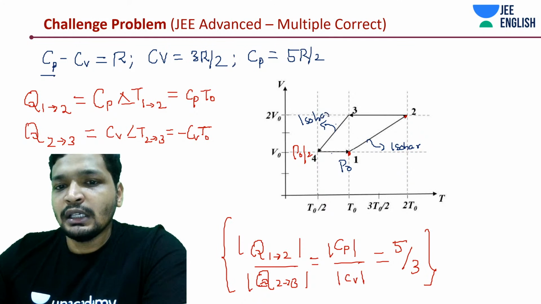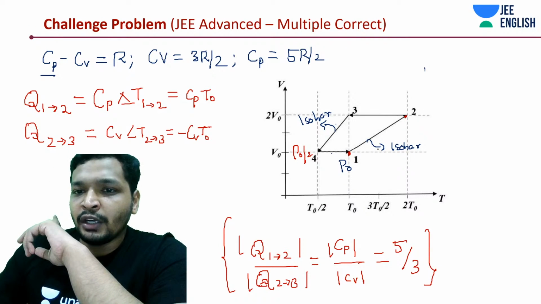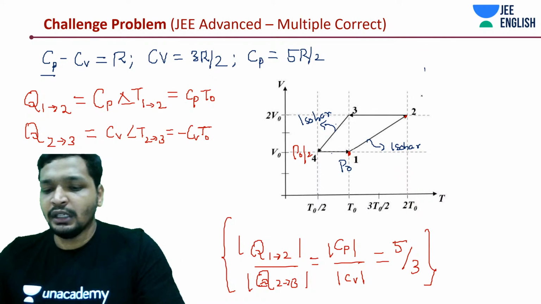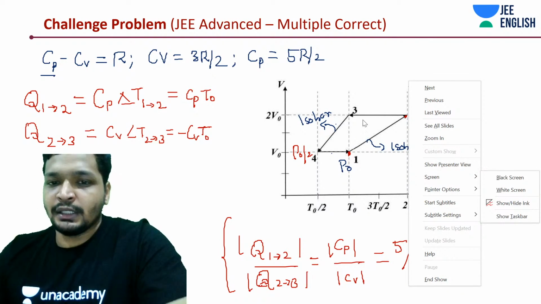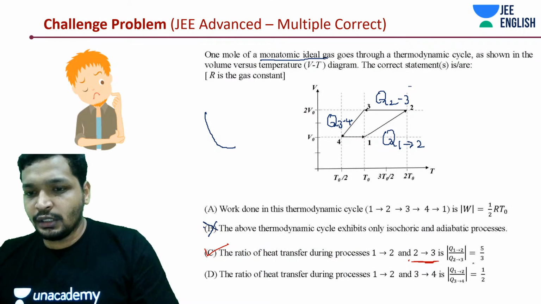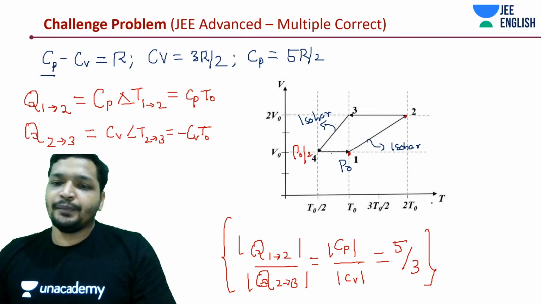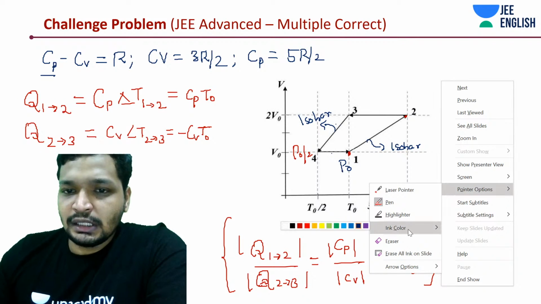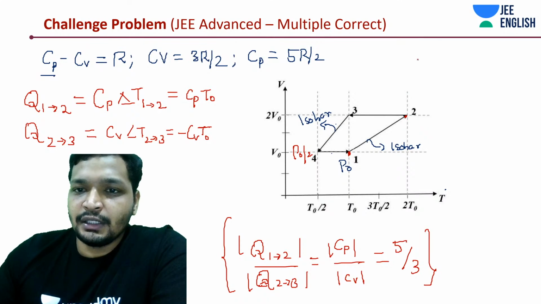Okay. So basically Cp does not matter anymore. What matters? Delta T. So Q1 to 2, I'm just writing it down over here. For 1 to 2 and 3 to 4 is the comparison. Sorry guys, I'll just round it off if you haven't noticed it. 1 to 2 and 3 to 4 is what is being asked. Now this being said, which color let's make use of? Red itself.